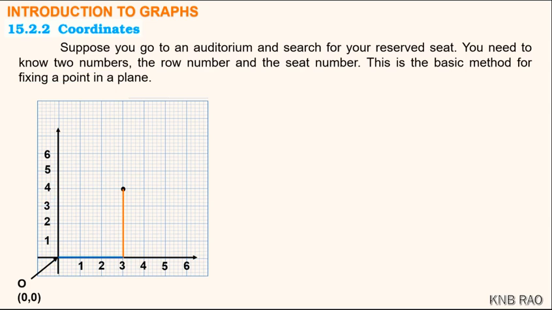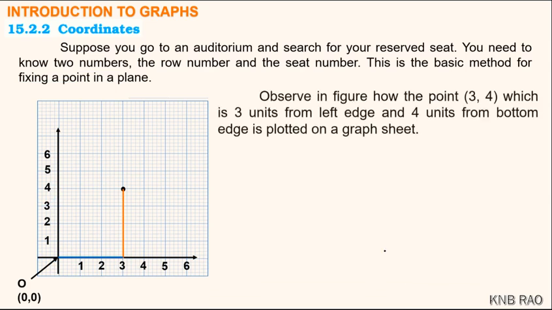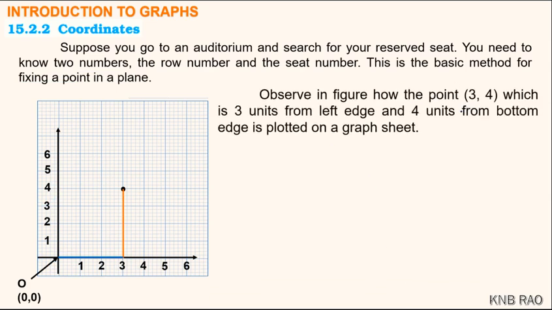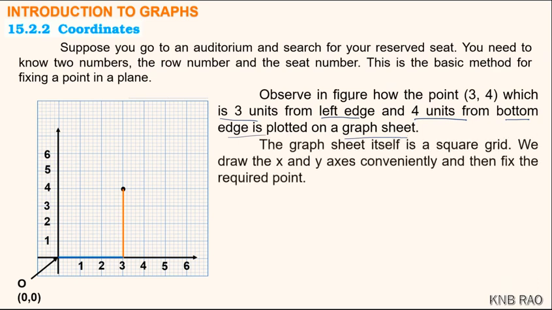Students, now coming to the figure, observe how the point 3, 4, which is 3 units from left edge and 4 units from the bottom edge, is plotted on the graph sheet. The graph sheet itself is a square grid.